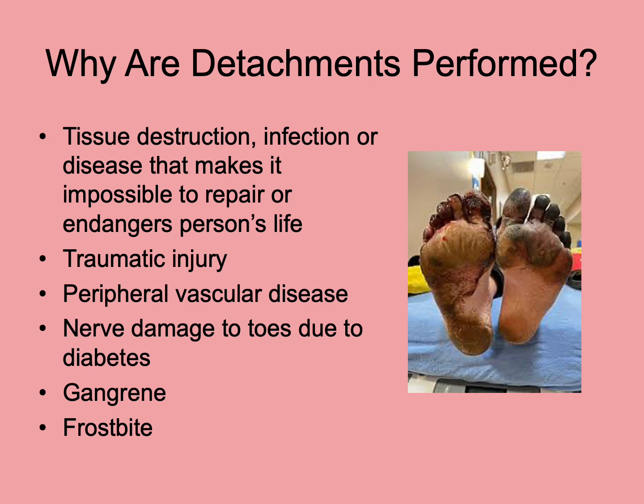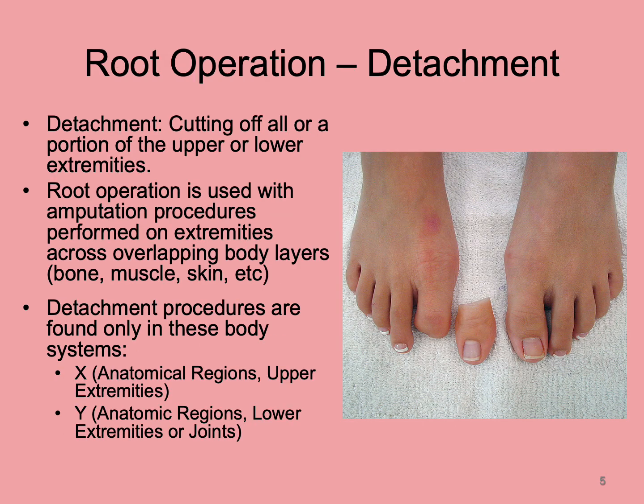You often hear about people losing toes or even a whole foot because of diabetes. Could be gangrene or frostbite. You can see in this picture that this patient has severe frostbite, turning the toes and some of the feet black.